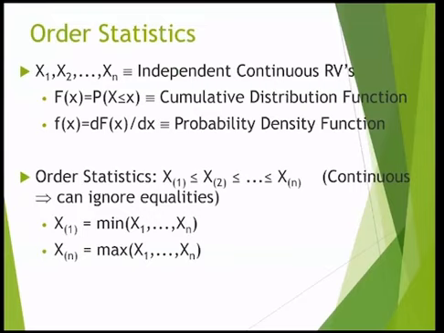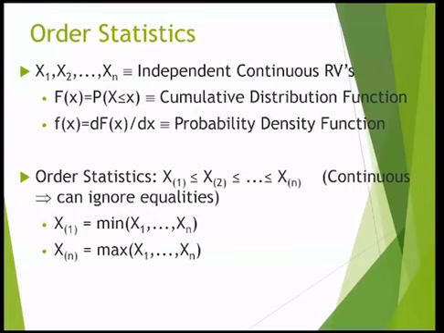Starting from the minimum and the maximum, they're going to have their CDF, and from the CDF we can get a PDF. You remember what we did the other time? By taking the derivative of the CDF, that will lead to the PDF.